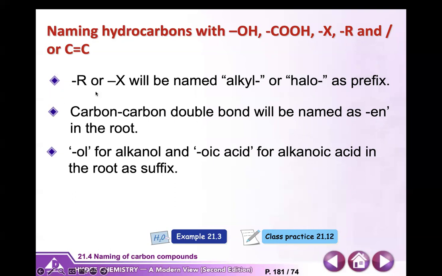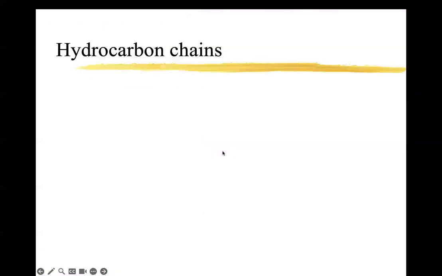That means we put alkyl or halo in front of the root. Then in the root, we need to consider whether the C=C double bond is present or not. And then at the suffix part, we need to consider whether the OH group, that will be OL, or the COOH group, that will be oic acid, is present or not.